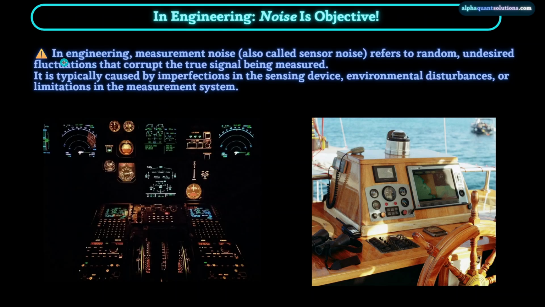So we say that in engineering, measurement noise, also called sensor noise, refers to random, undesired fluctuations that corrupt the true signal being measured. Further, it is typically caused by imperfections in the sensing device, environmental disturbances, or limitations in the measurement system itself.